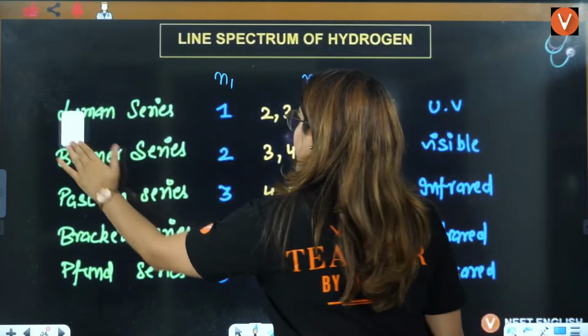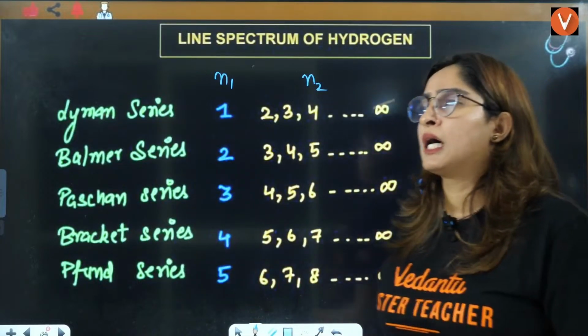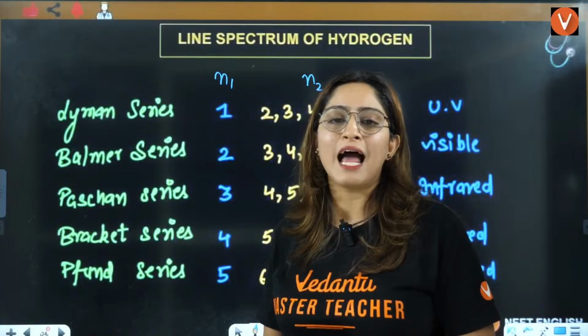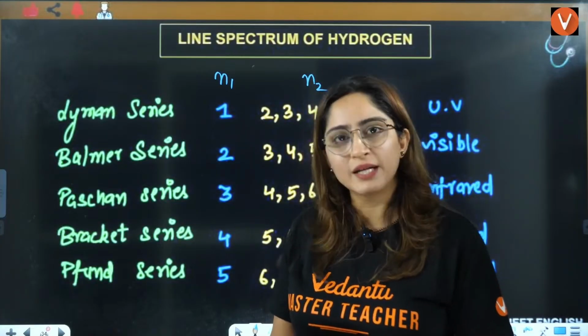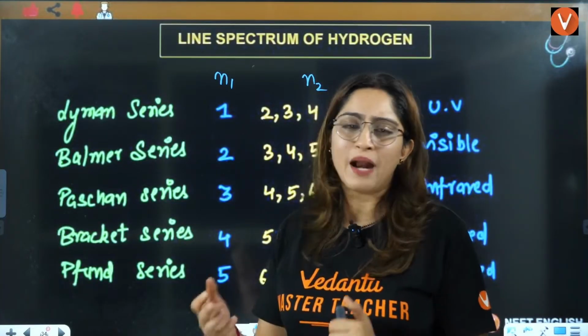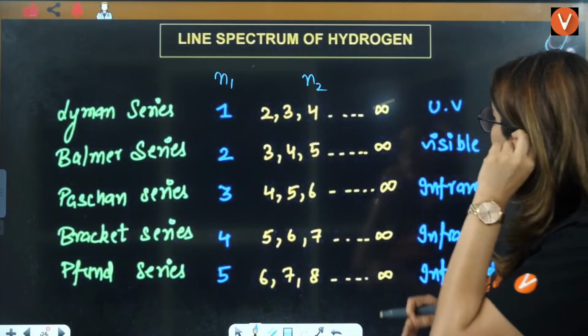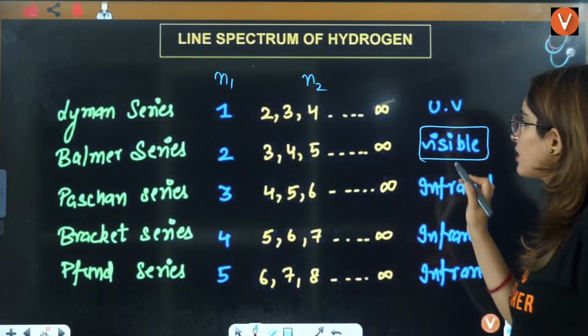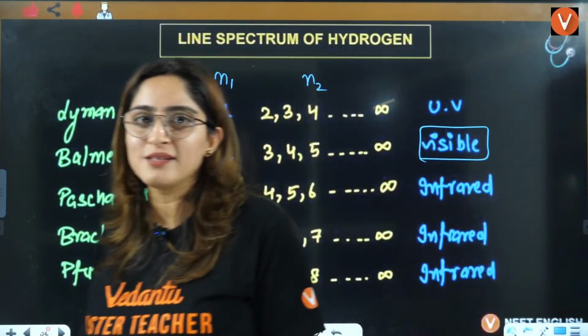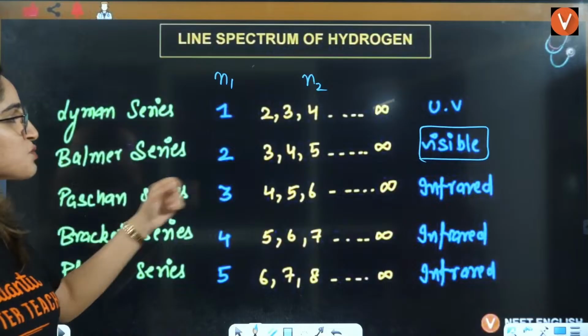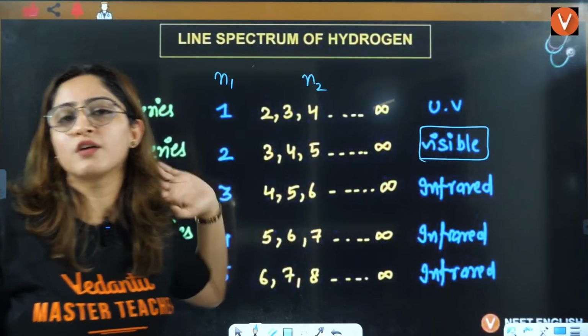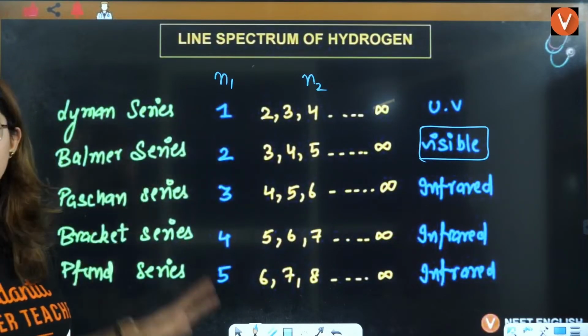Now, they can give you a hint like Lyman series, Balmer, Paschen, Brackett or Pfund. Or they can also specify that it belongs to the visible region. Visible region means they are saying it is Balmer series, because Balmer series is the only series which is in the visible region. So, N1 will be equals to 2.